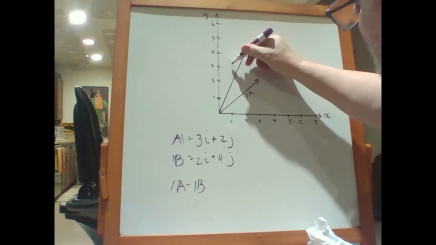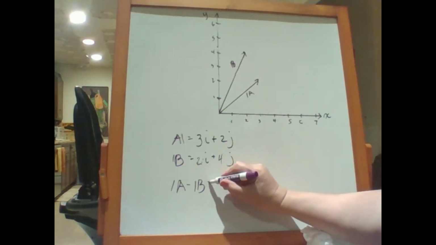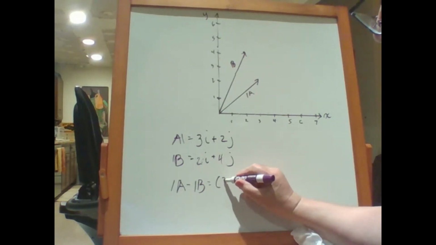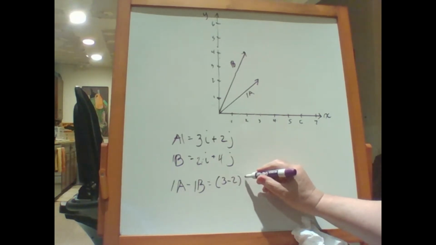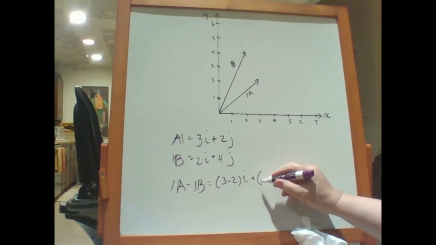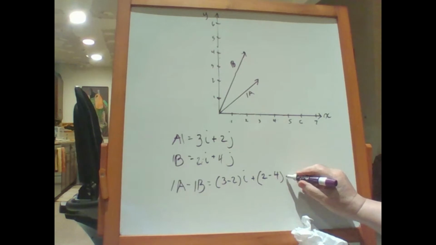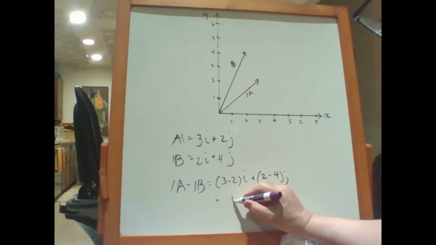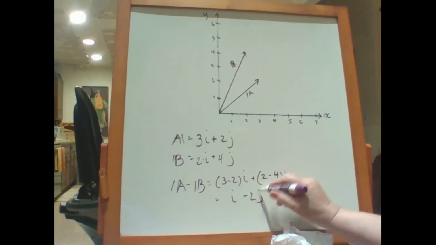Magnitude and direction, B. And we're given the problem A minus B. So this would be 3 minus 2 in the I direction plus 2 minus 4 in the J direction, which would give us I minus 2J.